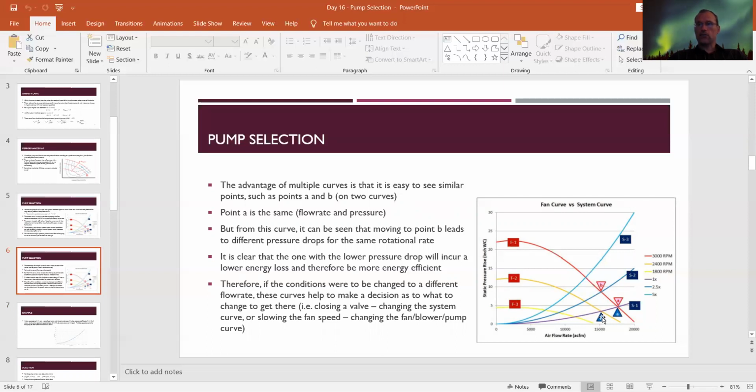Lower head loss essentially translates to lower energy or lower power being added. So lower energy is actually the more efficient way to do it. So if I want to go from point A to point B, that's the way I should go. Change the pump speed essentially, and that'll be the better way to get there.